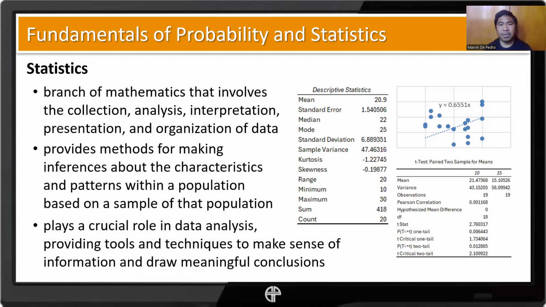So we are usually doing either descriptive statistics or inferential statistics. And for now, we are going to focus more on descriptive because the next module focuses more on inferential statistics.